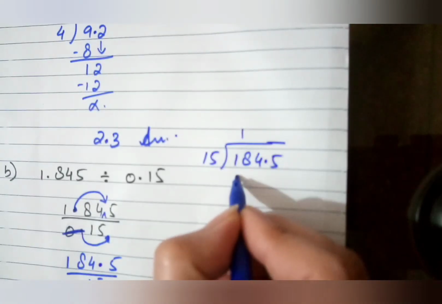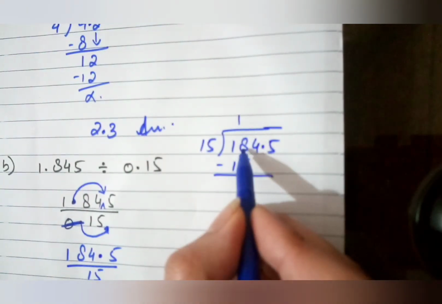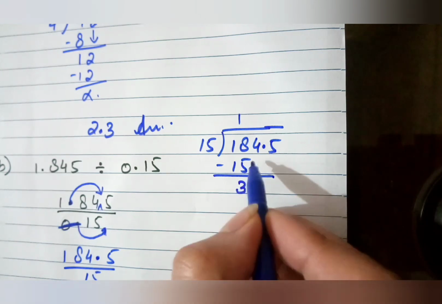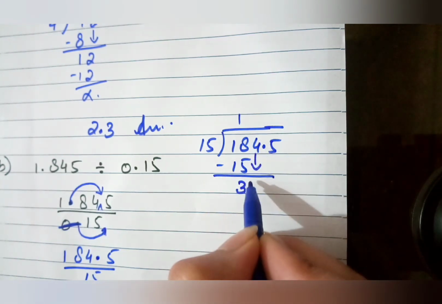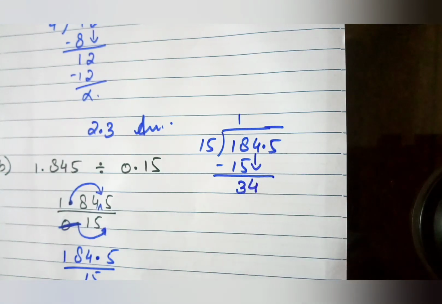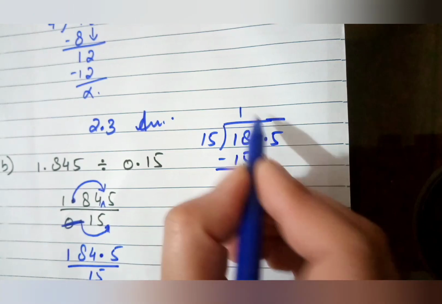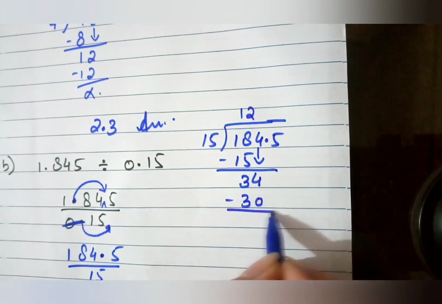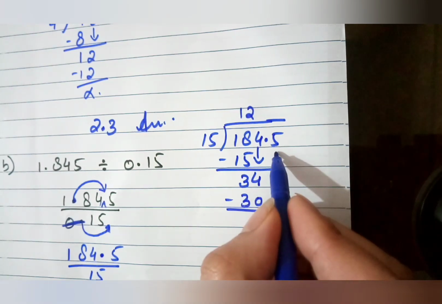15 ones are 15. Subtract: 8 minus 5 is equal to 3. 1 minus 1 is equal to 0. Now bring down this 4. It becomes 34. 15 twos are 30. Now 4 minus 0 is 4. Bring down this 5.